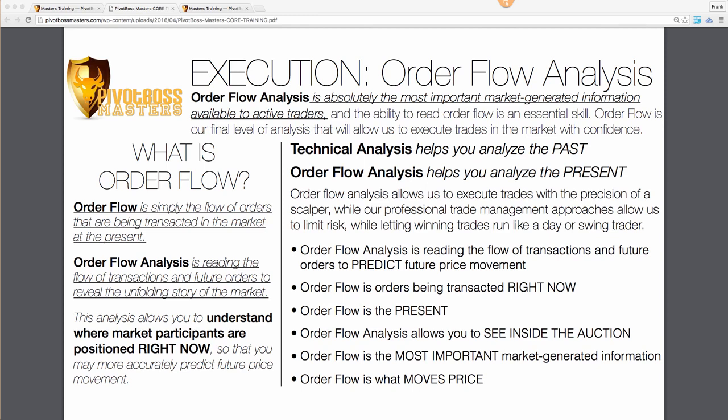So technical analysis helps you analyze the past. When we're looking at support and resistance, or trend lines, or whatever the case may be, that technical analysis is the past. Those events happened in the past. But order flow analysis is helping you analyze the present, what is happening now.